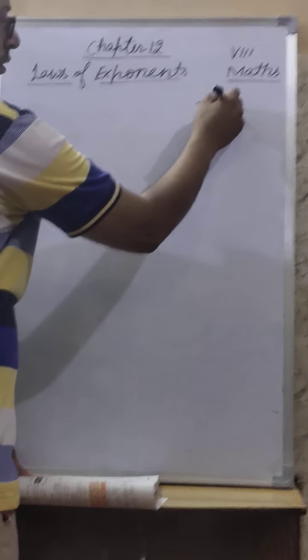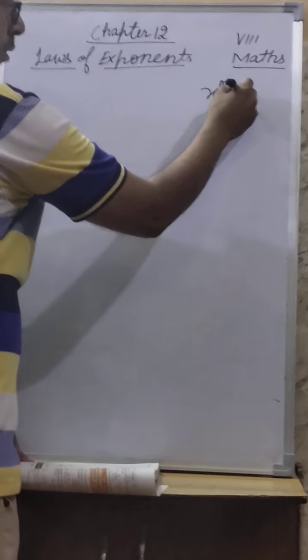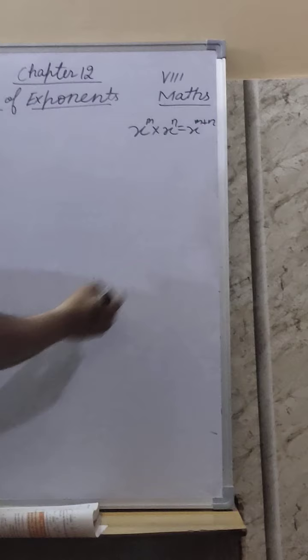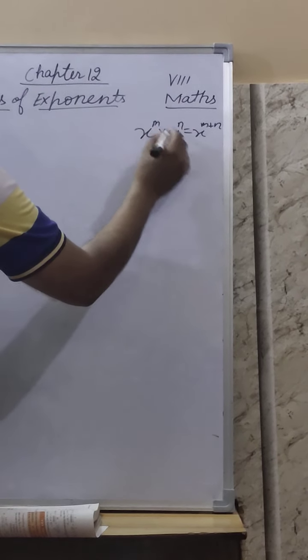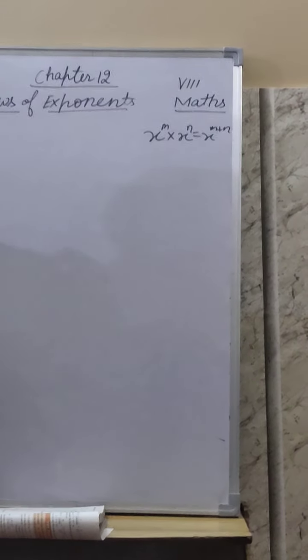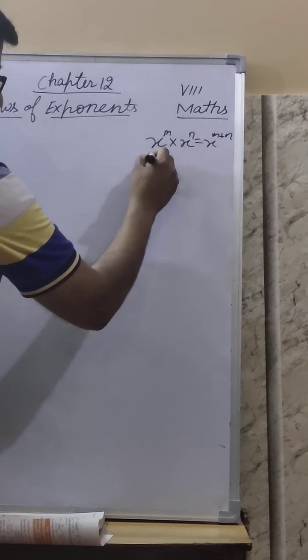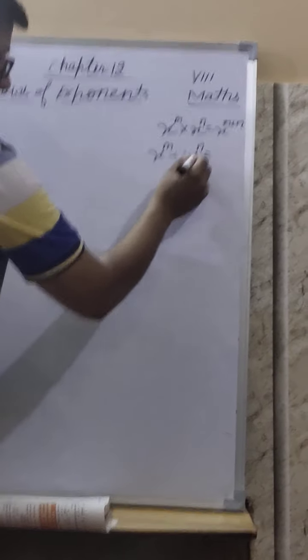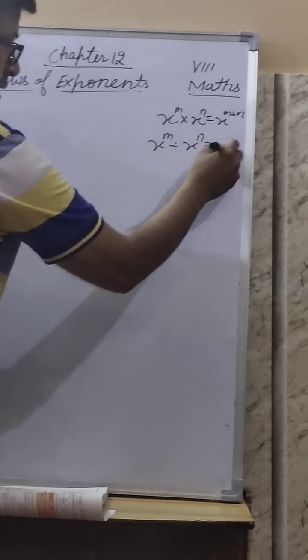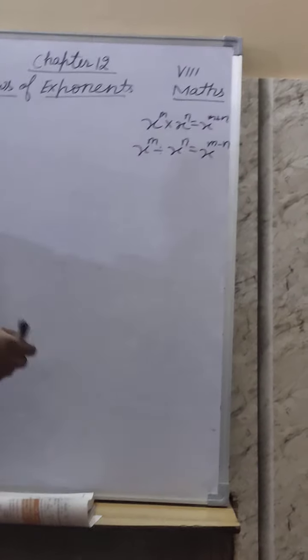First of all you know very well, x power m times x power n is x power m plus n. And another, if the base is equal then the powers will add. And x power m divided by x power n, if the base is equal and divide is there, then the power will subtract.